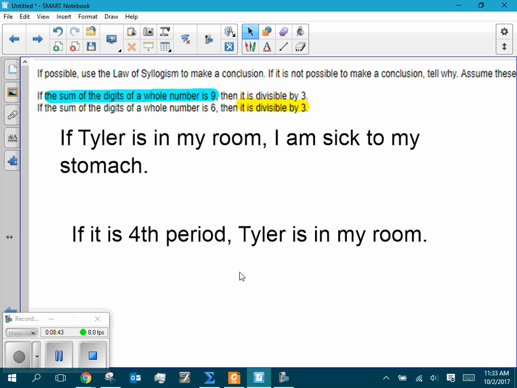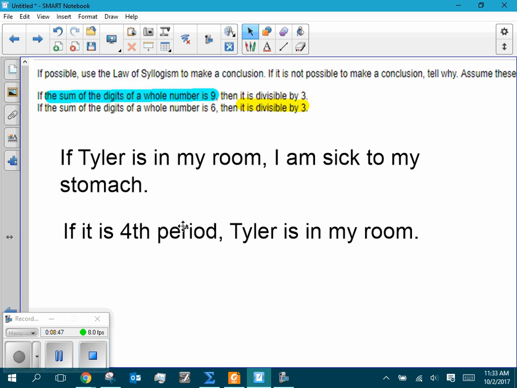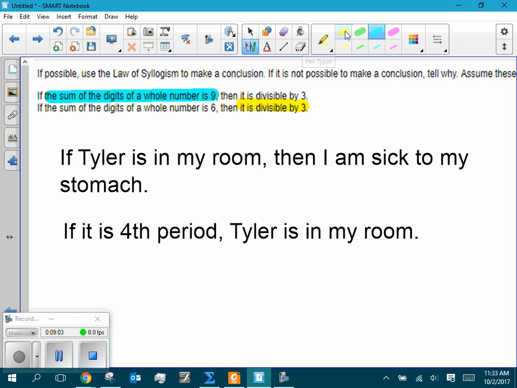Because of this order of these two statements, if they're both true if-then statements, people are going to neglect that there is a possibility here for these to be the same. We want a conclusion to match a hypothesis. I should probably write my word then in here. So here's a conclusion, right?